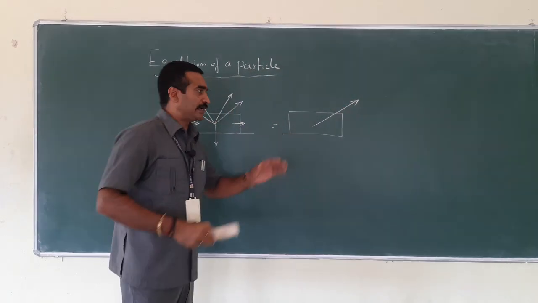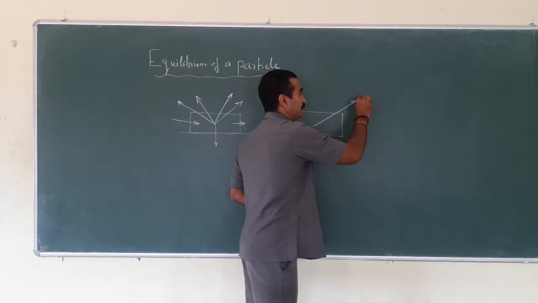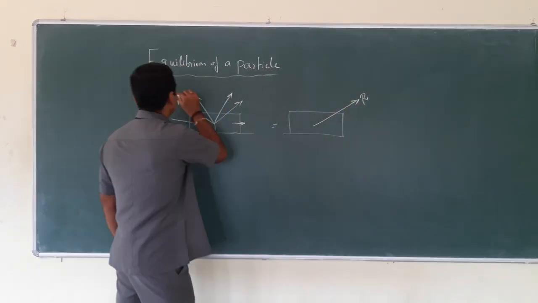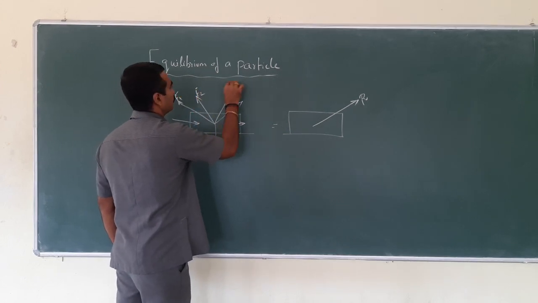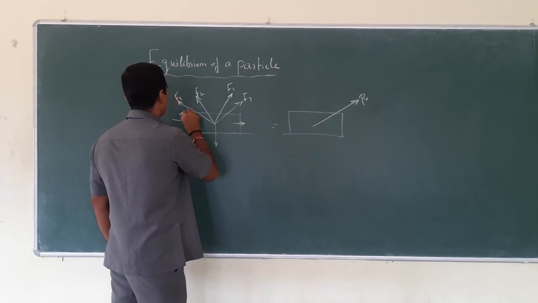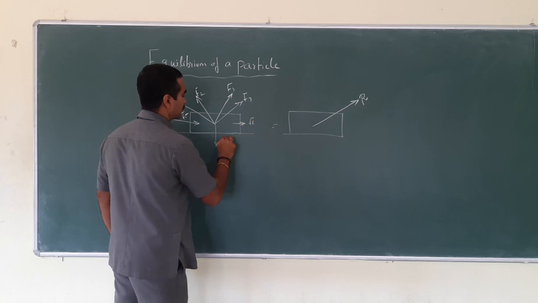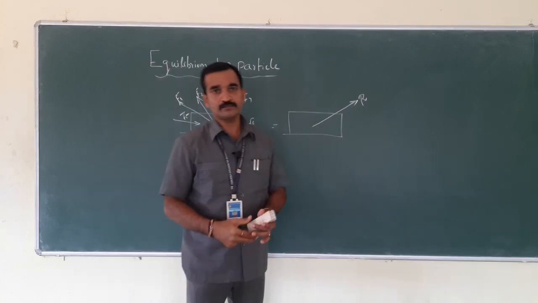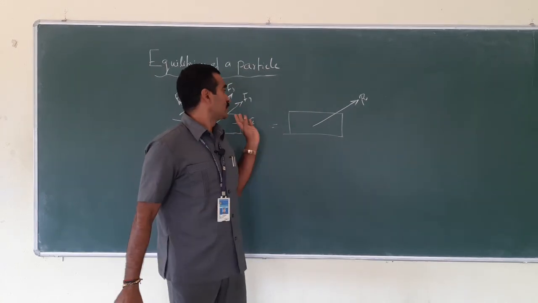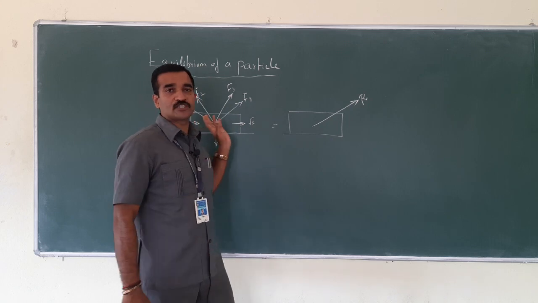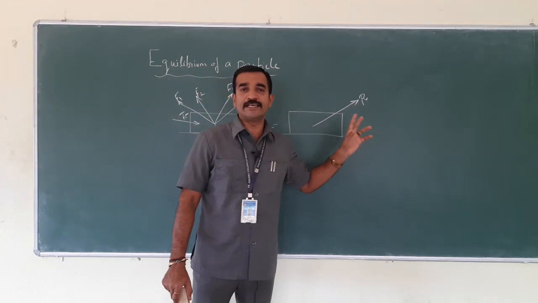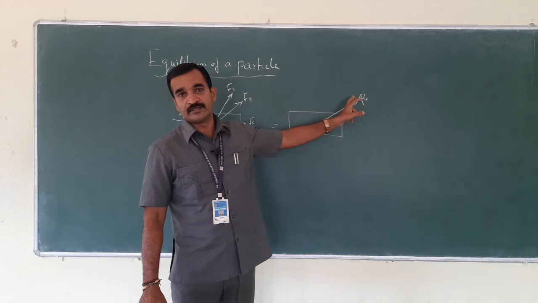This is only assumption. This may act in this direction. For example, this one has F2, F3, F4, F5, F6. This is W. Right. So, all the forces have been replaced by a single force, which is the resultant.